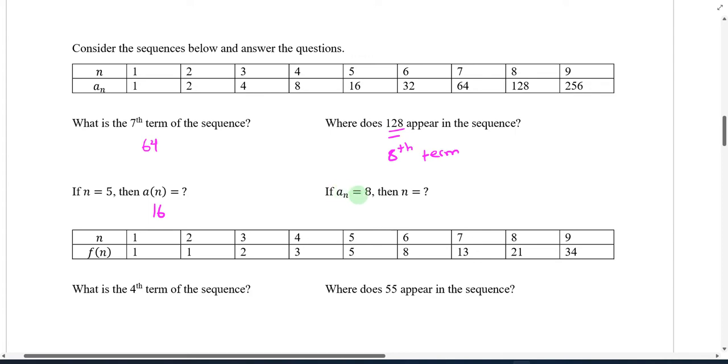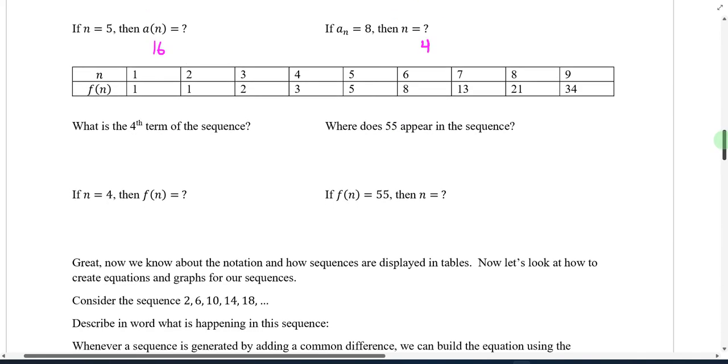Remember, a sub n is an actual term value, so 8 should appear in the sequence somewhere. They want to know where. So I'm going to go until I see an 8. There it is. It's the fourth term in the sequence. So if a sub n equals 8, then n equals 4, indicating it is the fourth term of the sequence.